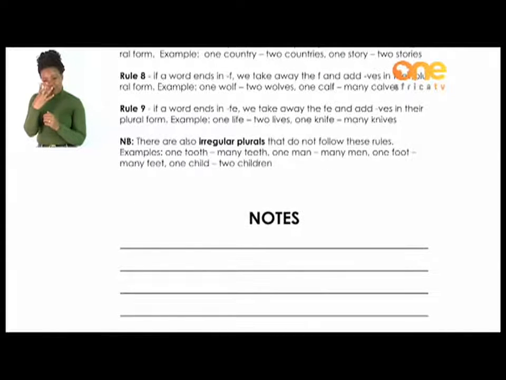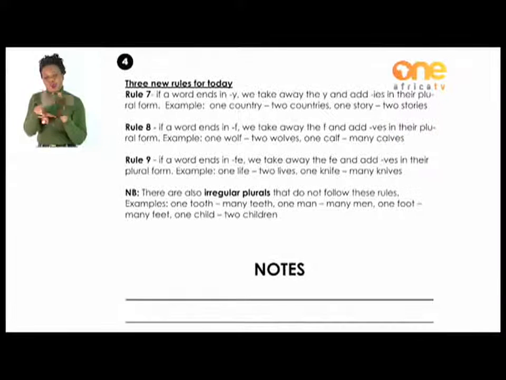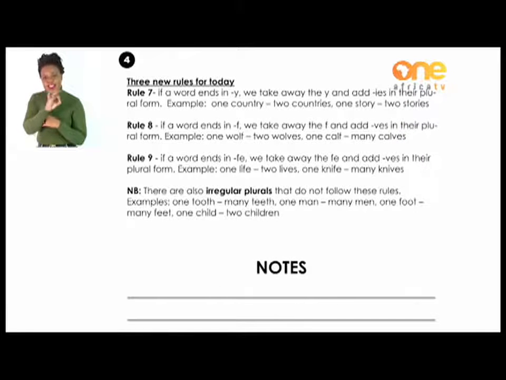If a word ends in a Y, we take away the Y and add IES. In other words, I can throw away the Y, forget about the Y, and replace the Y with IES. For example, country.